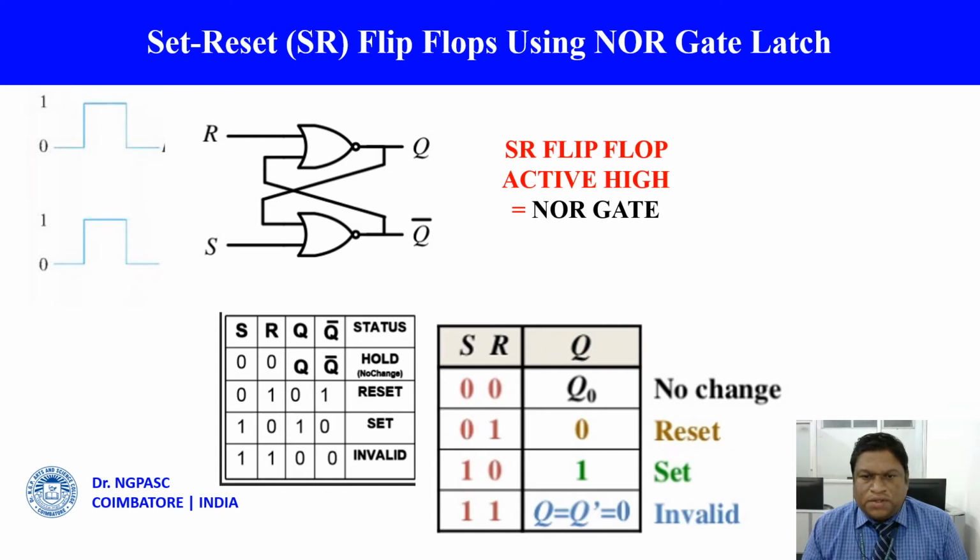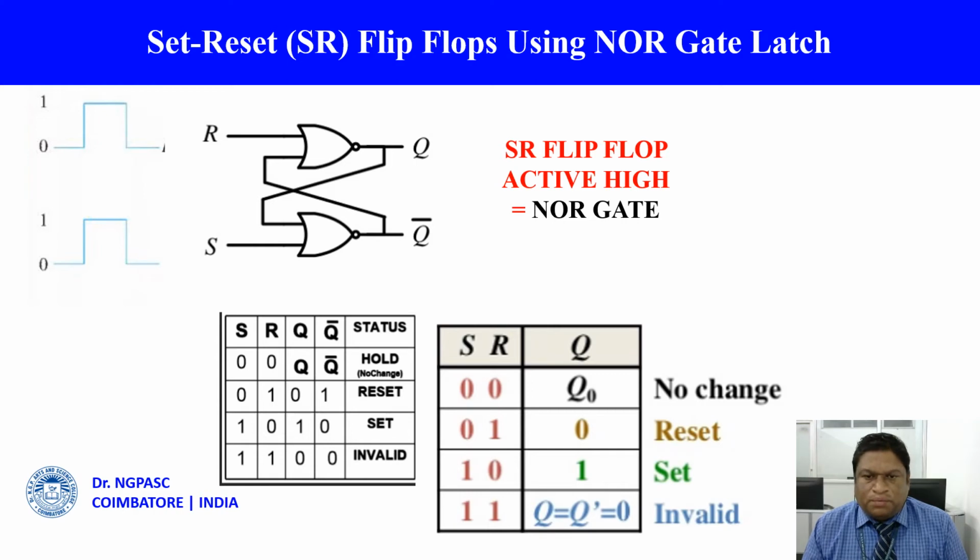And when we change S, the set, to 1, and R, the reset, to 0, we get the NOR output Q equal to 1, so the final output Q is equal to 1, and this is called set.